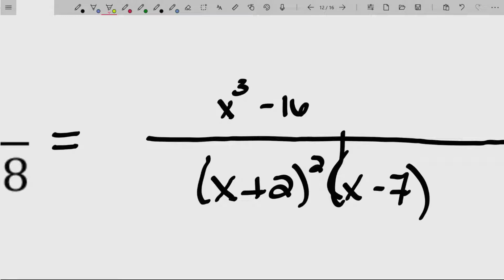Additionally, another reason why you might want to factor the numerator is when you go to find your x-intercepts. When you find your x-intercepts, you'll let y equal 0, which means you're going to let your numerator equal 0. And we'll get to that in a moment. That's when factoring can be helpful, but it won't be helpful here.